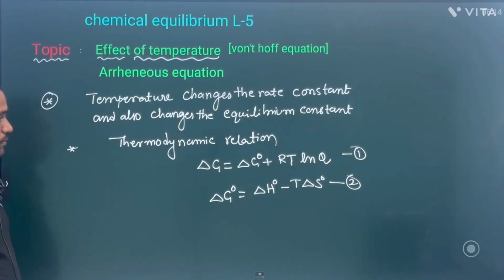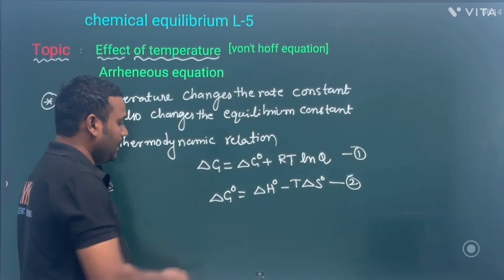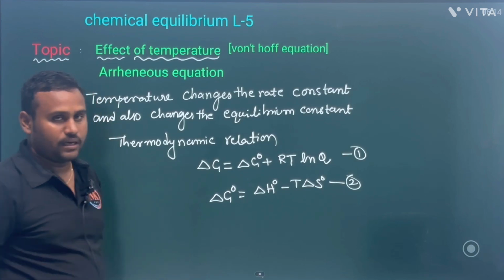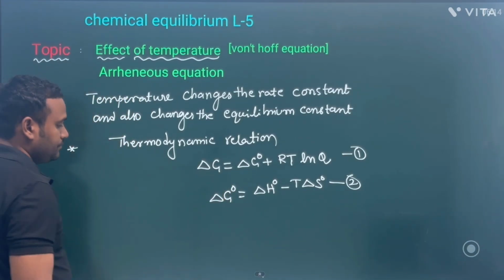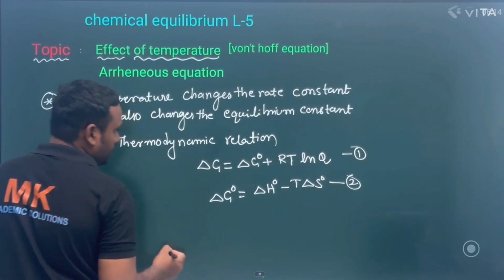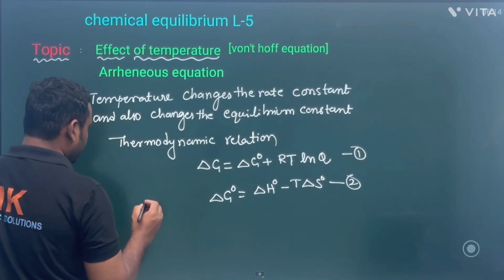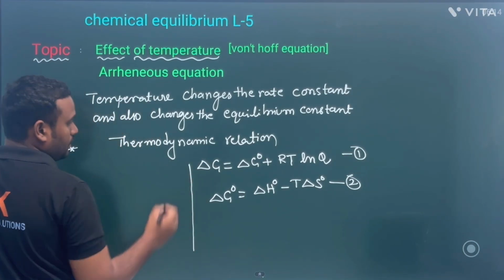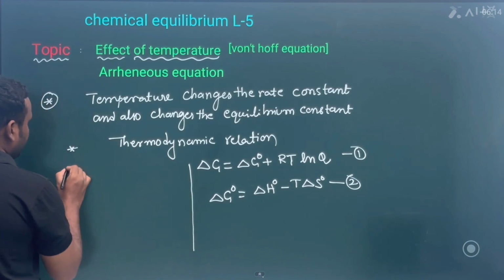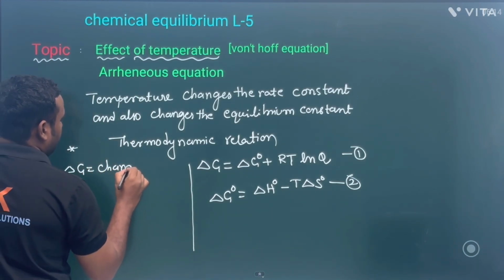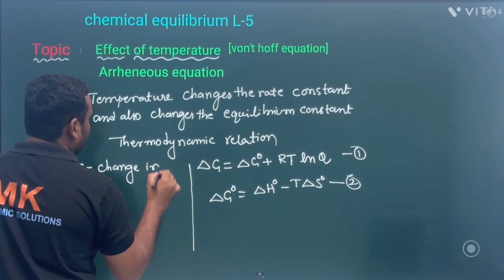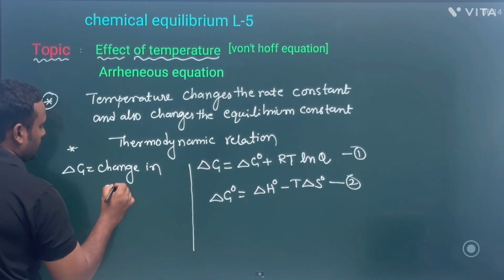Now here, what are delta G, delta G naught, delta H naught and delta S naught? Delta G is the change in Gibbs free energy.